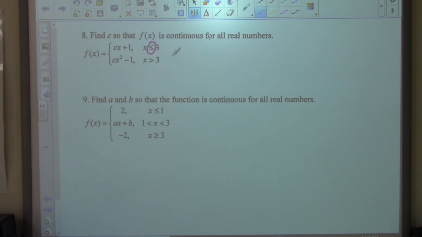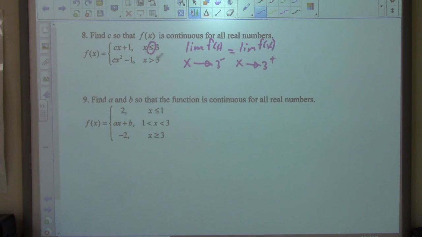It's going to work out if and when the limit as x approaches 3 from the left side of f of x is equal to the limit as x approaches 3 from the right side of f of x, right?